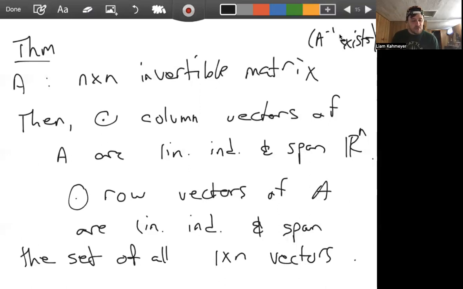Okay, so I think that's all I would like to talk about for now with spanning sets and linear independence. We'll see them a lot more, and these notions can be kind of confusing at first.